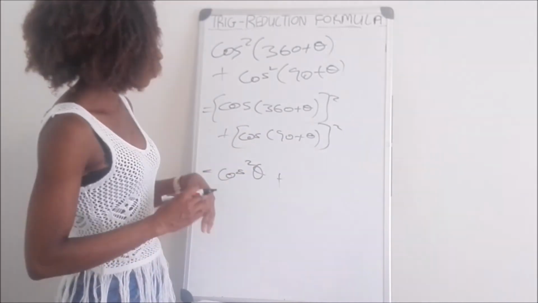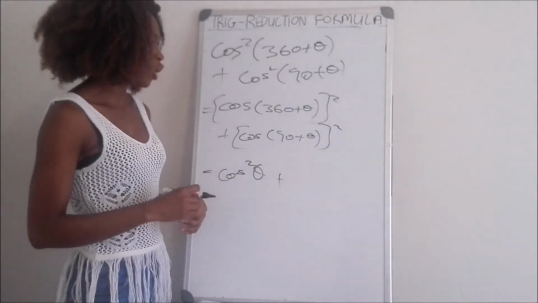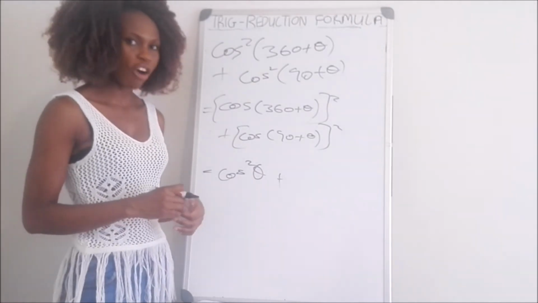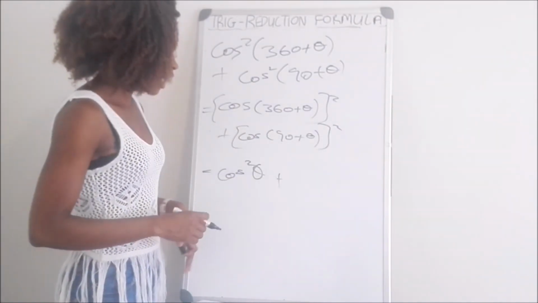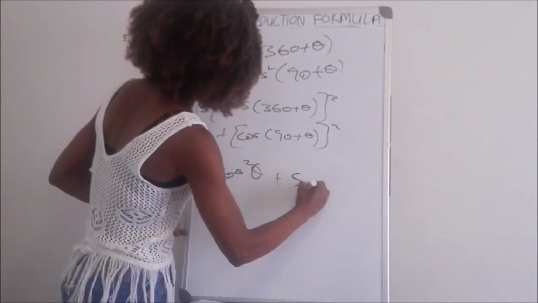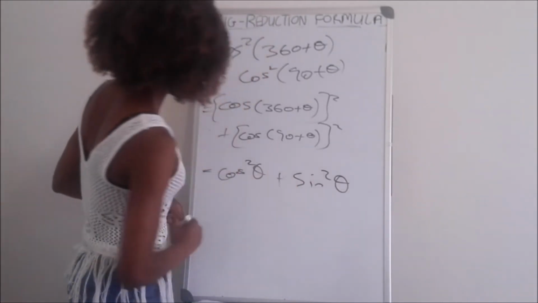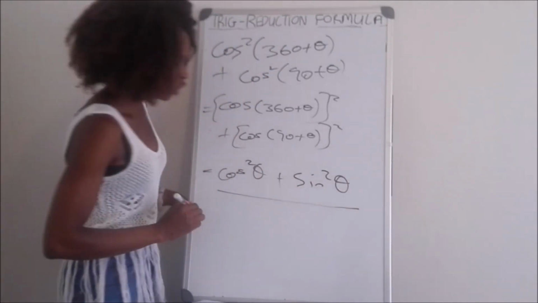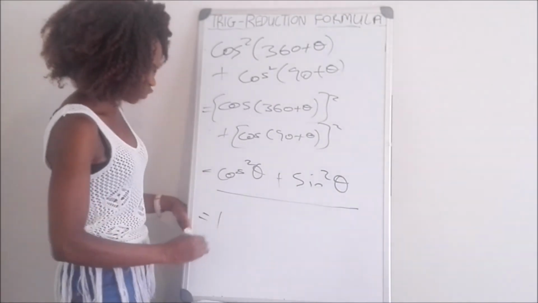That means that the answer will be negative sine theta, because 90 degrees is actually a cofunction. Then with the square there, we'll be left with sine squared theta. This one already is a trigonometric identity, which is equal to 1.